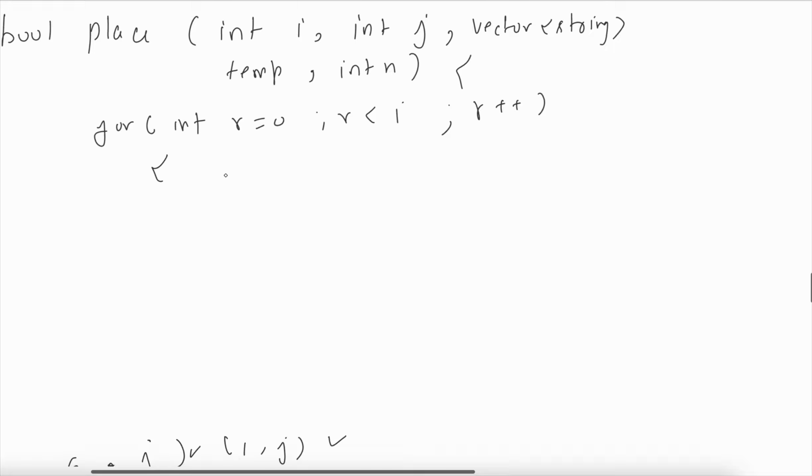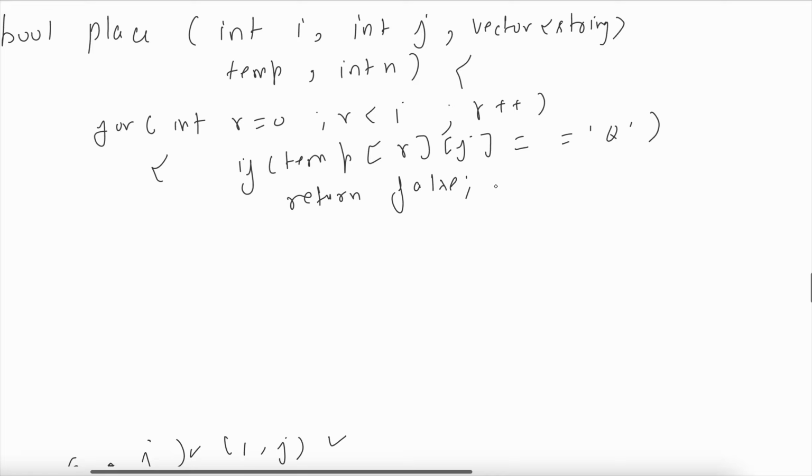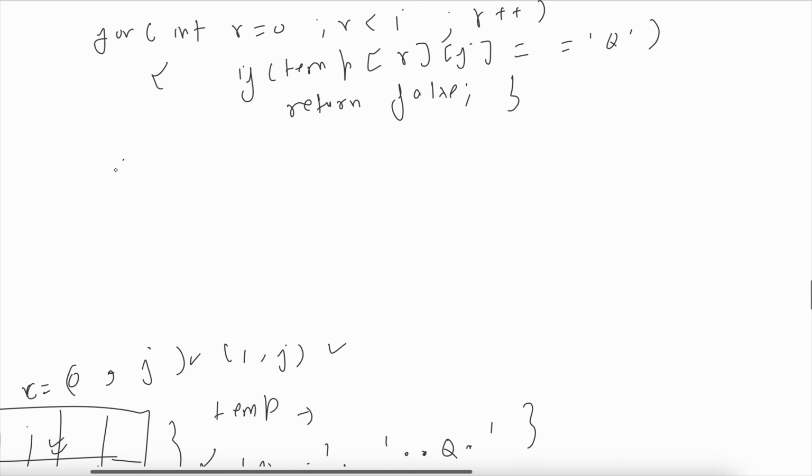Then if temp of r, j equal to q, return false. Column check completed.